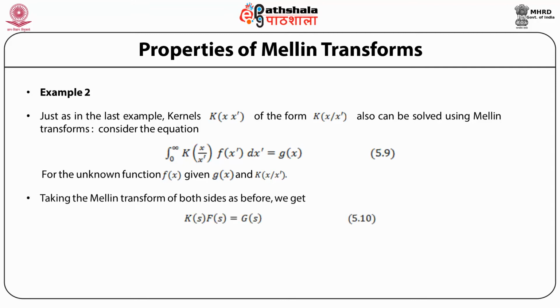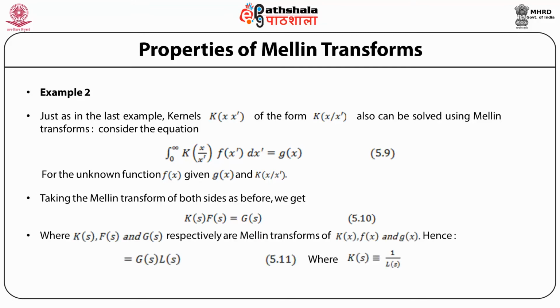Now, taking the Mellin transform of both sides as before, we get K(s) multiplied by F(s) equals G(s), where K(s), F(s) and G(s) are respectively the Mellin transforms of k(x), f(x), and g(x). From this, the Mellin transform of our solution f(x) is F(s). So F(s) can be written as G(s) divided by K(s).